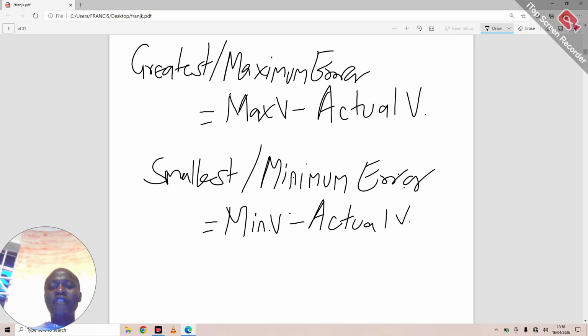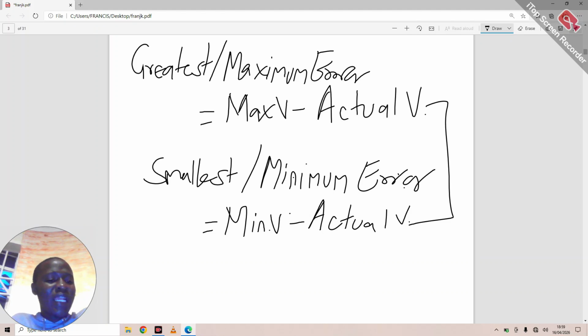You take the minimum value minus the actual value. So long as the question is accompanied by the word minimum, smallest, maximum, or greatest, that is the only time we use these formulas. But if the question is just to get the error, the absolute error, or the percentage error without the word maximum, smallest, minimum, or greatest, just go direct with the formula I've given you earlier.